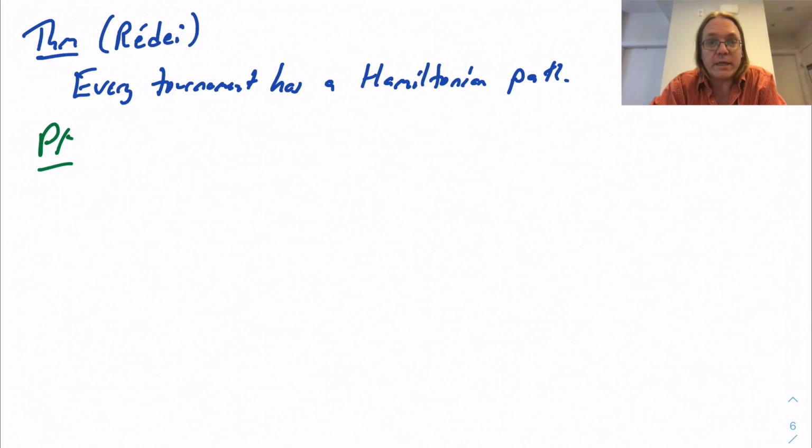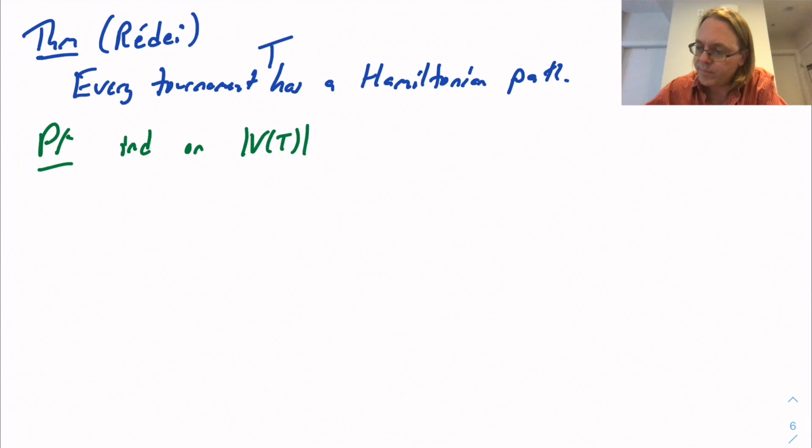So we're going to go by induction on the number of vertices. Let's say every tournament T has a Hamiltonian path. We'll go by induction on the number of vertices of T. As a base case, if there's just one vertex, then you have a path consisting of one vertex, and this is Hamiltonian.